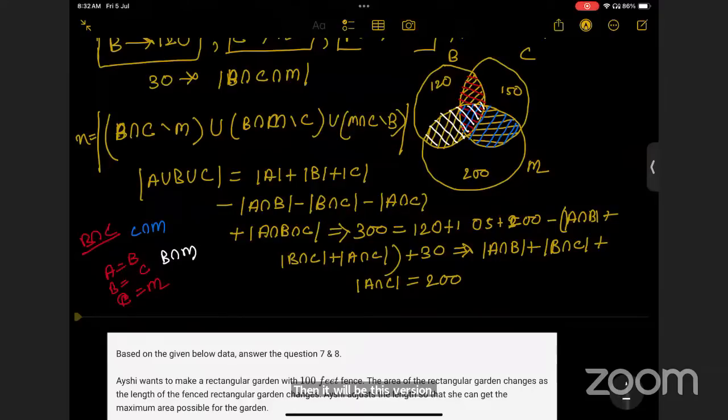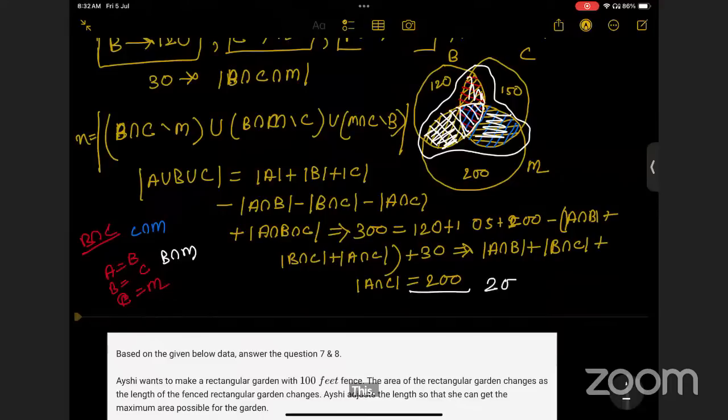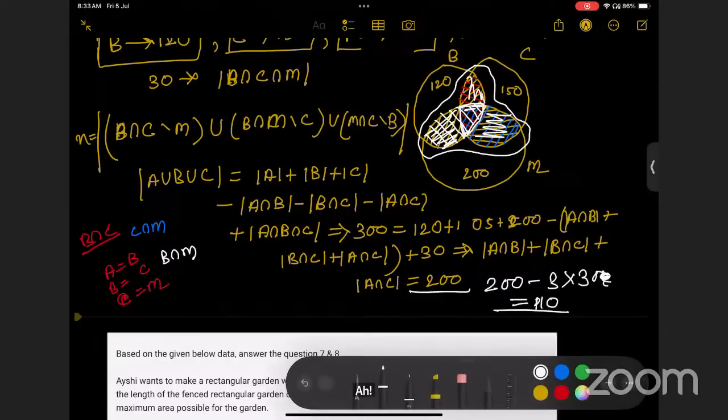So I have the cardinality 200 for this shaded area. You can see we counted the intersection portion of all three sets 3 times. So if we want this area, we can subtract this intersection portion 3 times, right? Sorry, 30. So it will be 110. So this is the answer.